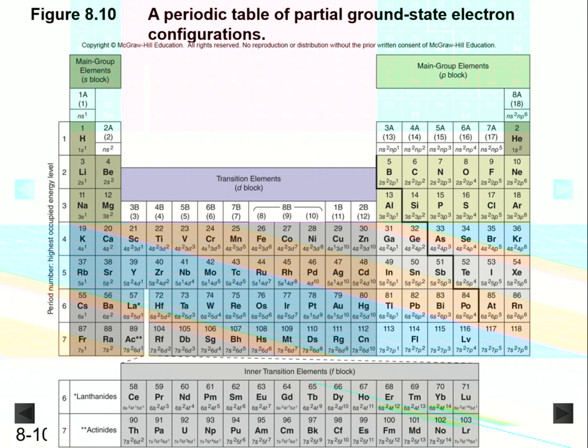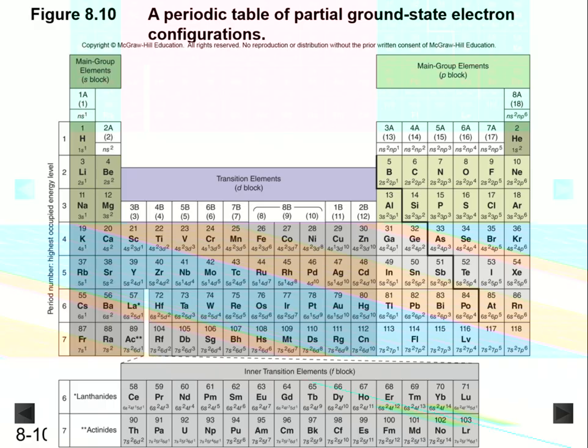Now for the main group elements, that is the P block on the right-hand side, so that's kind of the lighter brown color. These all show patterns that are very regular. There's no exceptions among these groups, so they're very nicely behaved.